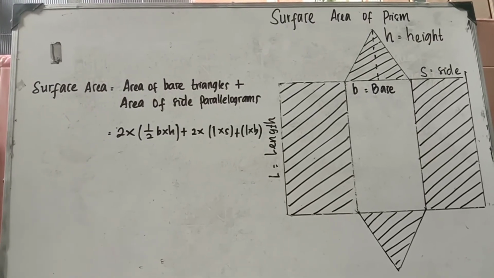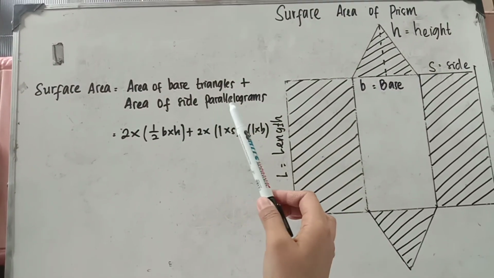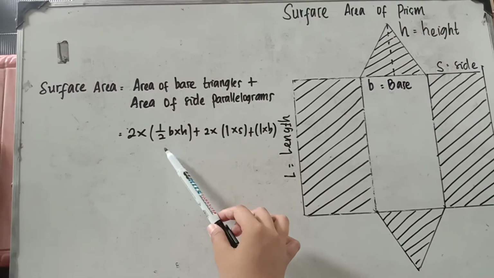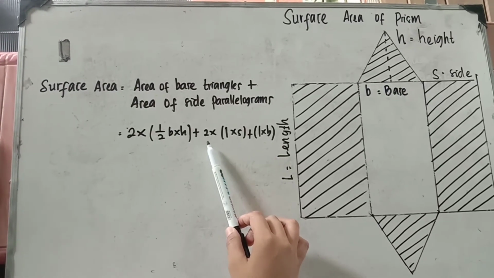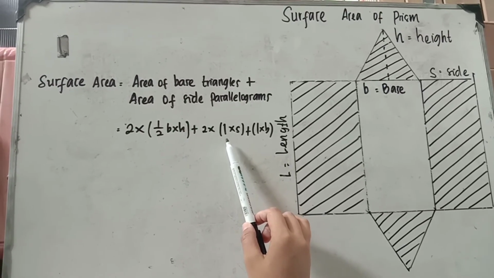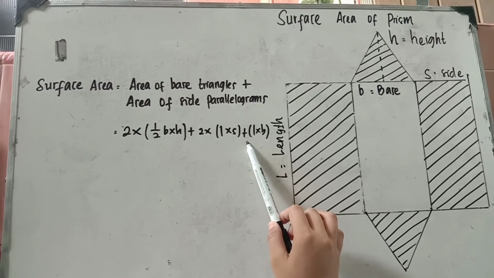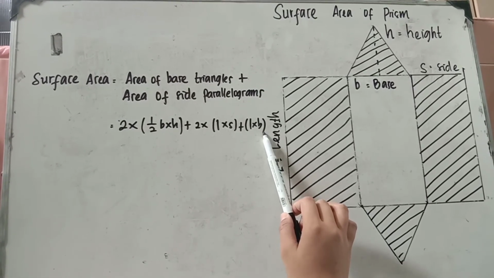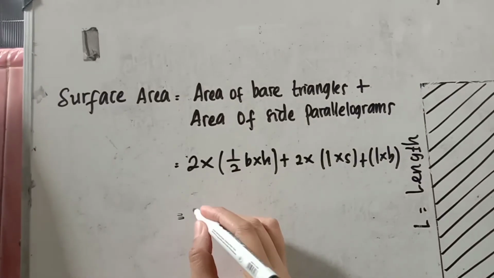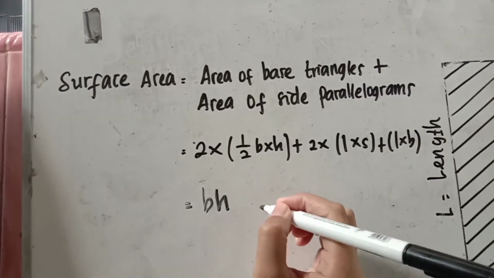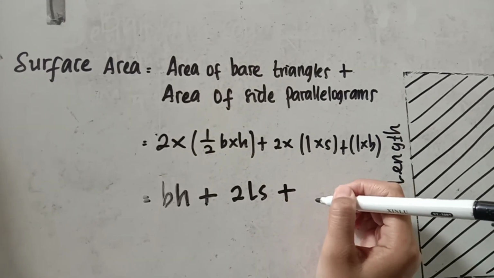To find the surface area of triangular prisms, surface area is area of base triangles plus area of side parallelograms, is 2 multiplied by 1/2 B multiplied by H plus 2 multiplied by L multiplied by S plus L multiplied by B, is BH plus 2LS plus LB.